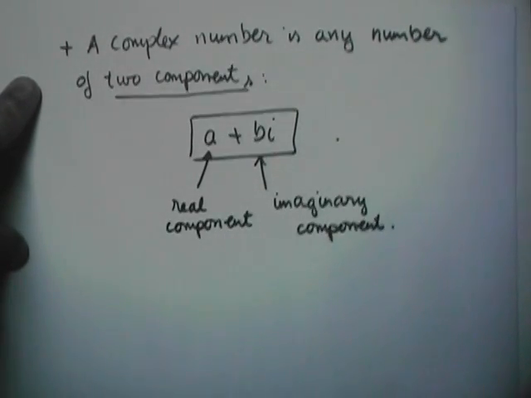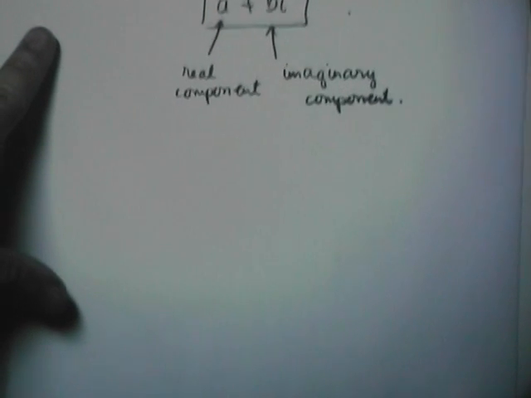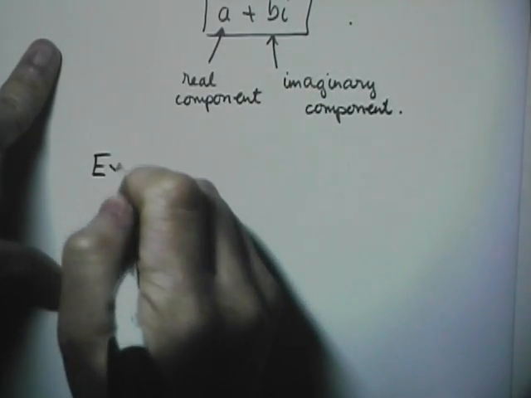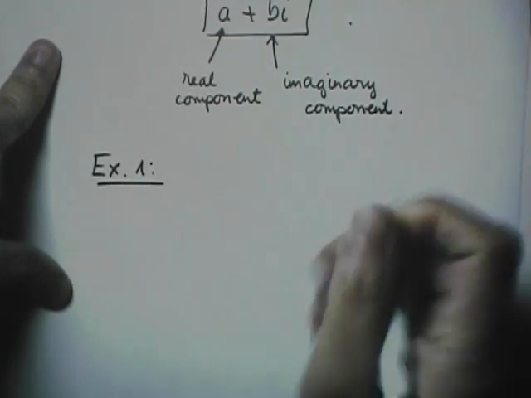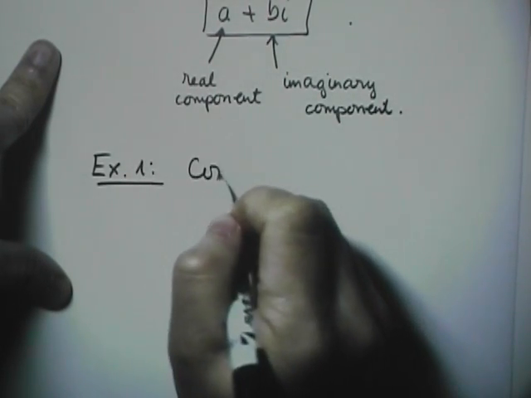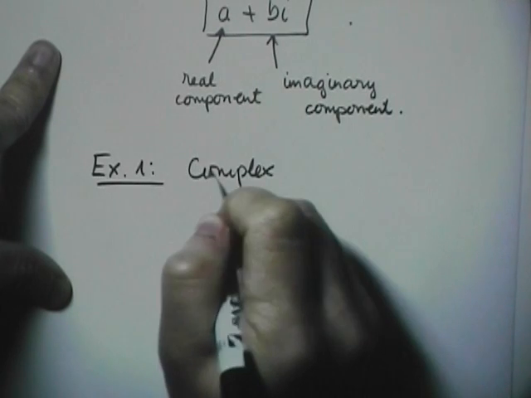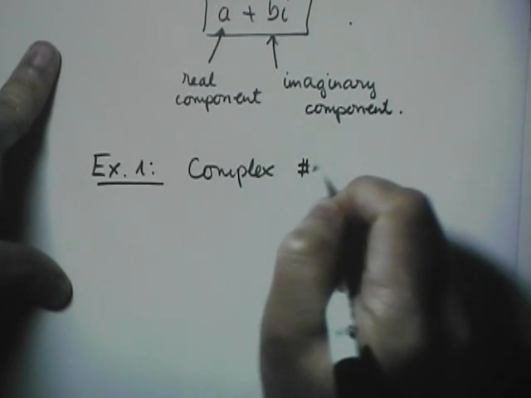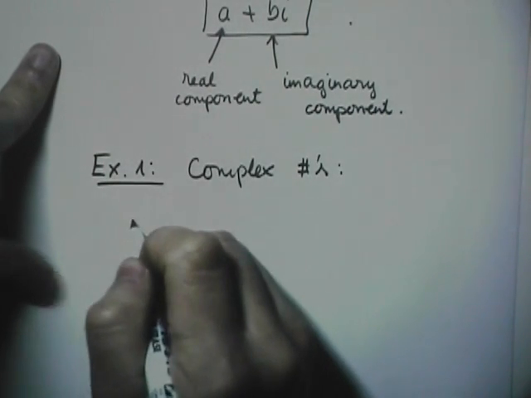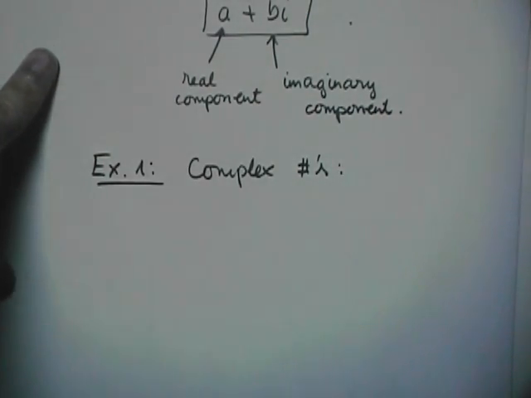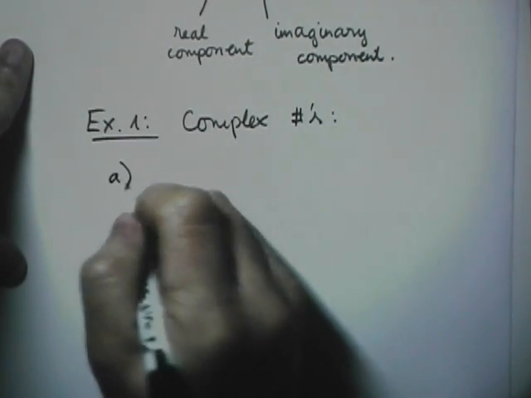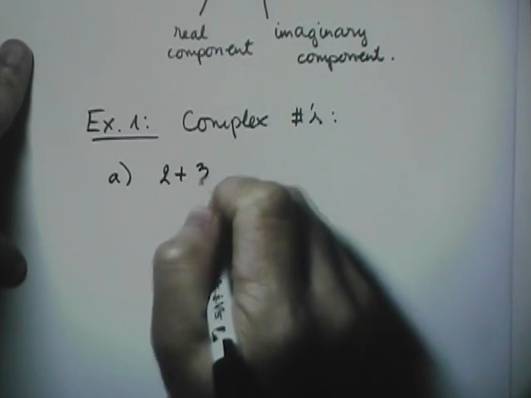All right. Now let's start looking at a couple of examples of complex numbers. We try to find out if the numbers I give you here are complex numbers. The first one is 2 plus 3i.